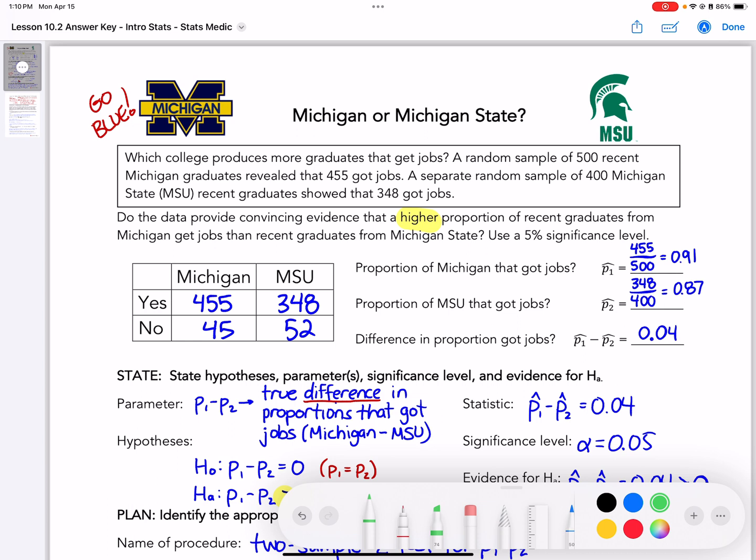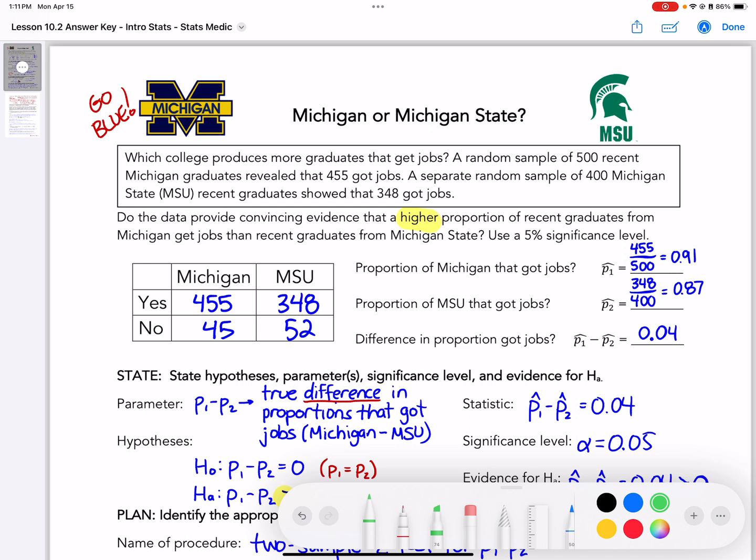Okay, so for this particular problem, we have two proportions of two different populations. One of the populations is Michigan, and the other population is Michigan State. We are trying to see which proportion of graduates get a higher proportion of jobs.